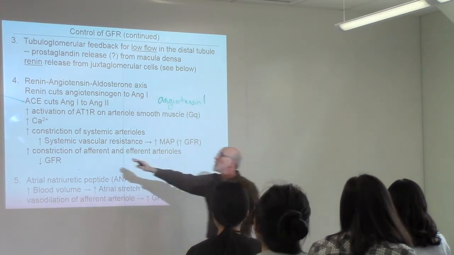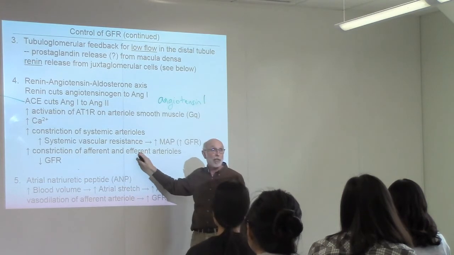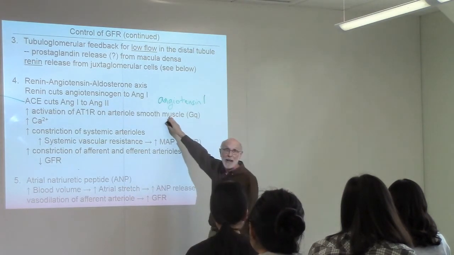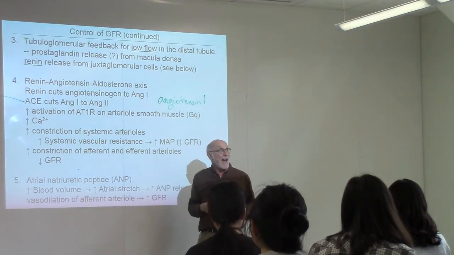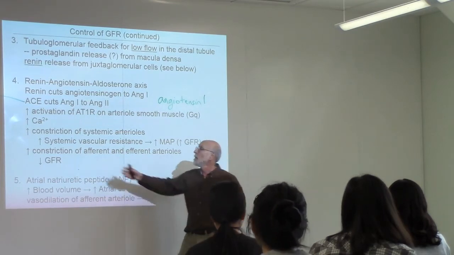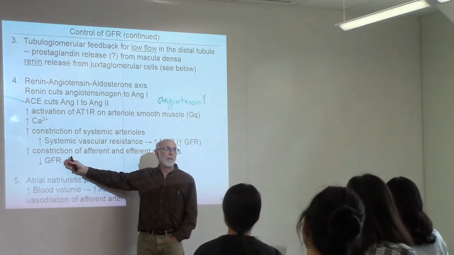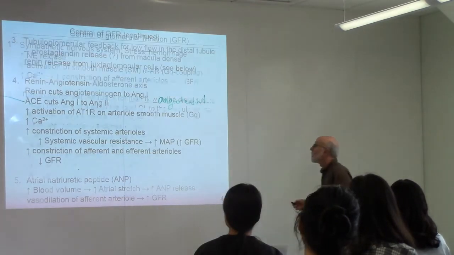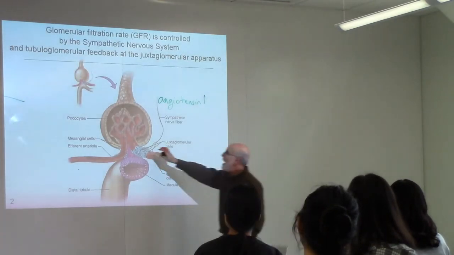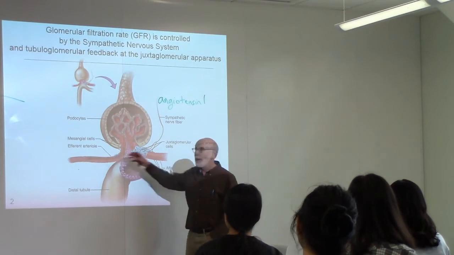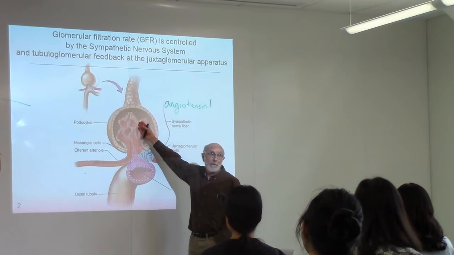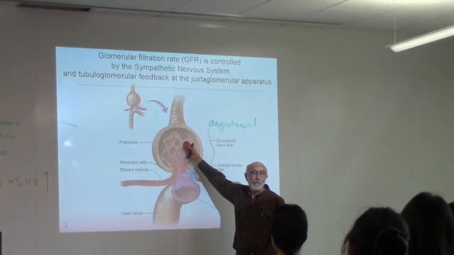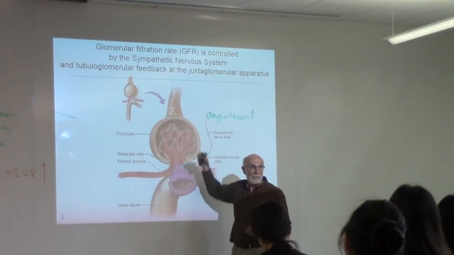But constriction of both the afferent and efferent arterioles, remember they are arterioles that have vascular smooth muscle as well, dramatic constriction of both of those, leads to a decrease in GFR. Because if we constrict both the afferent and the efferent arteriole, we get very little blood flow into the glomeruli, low flow, low filtration, low GFR.